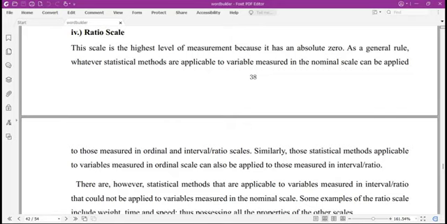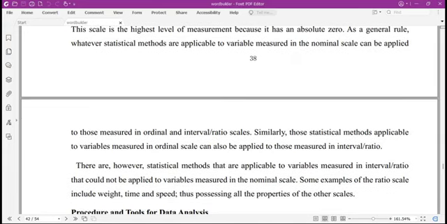Similarly, those statistical methods applicable to variables measured in ordinal scale can also be applied to those measured in interval and ratio. Are we getting it? The one for nominal can be applied to ordinal, interval, and ratio. The one for ordinal can be applied to interval and ratio.